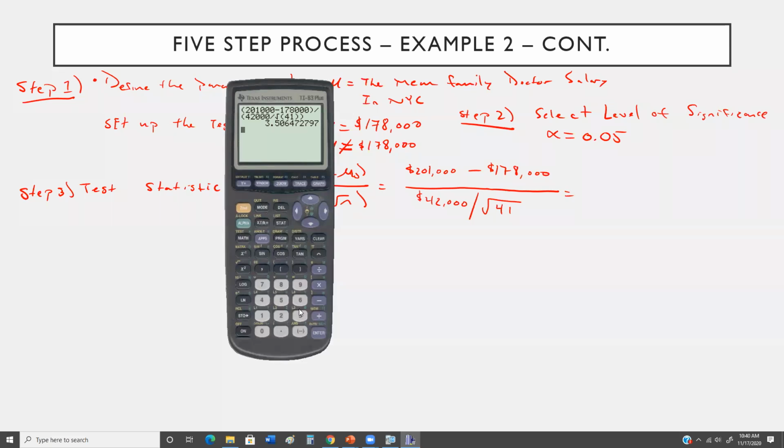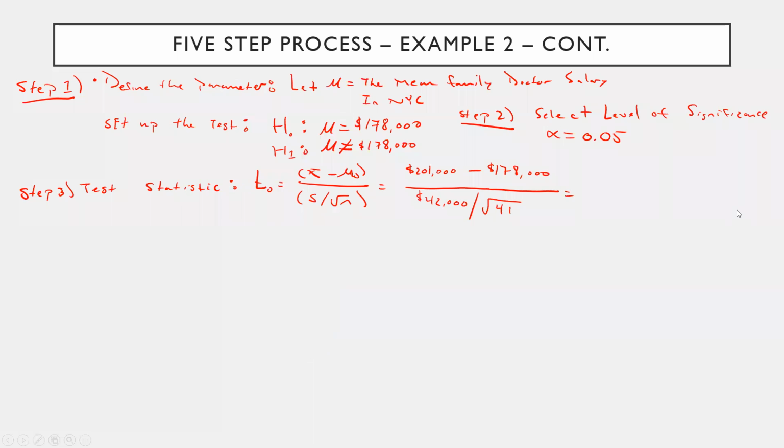How many people got that number right there? Yes. Okay, so it's 3.506. Now I've boiled this down to a single number. So what I have to do is compare it to something.